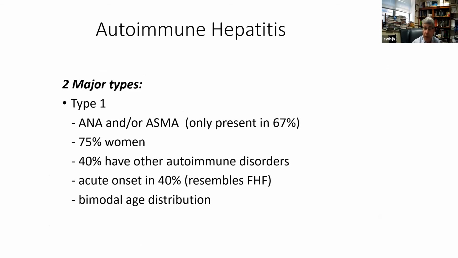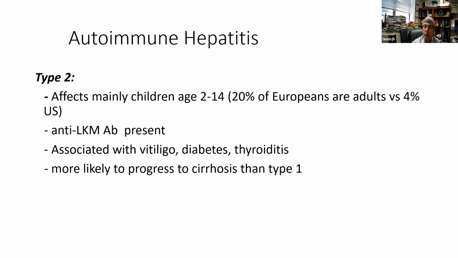There are two major types. Type 1 is adult. They've got anti-nuclear or anti-smooth muscle antibody in most cases, 75% of women, 40% with other autoimmune disorders. Type 2 is considered the pediatric autoimmune disease, mostly children of European descent.